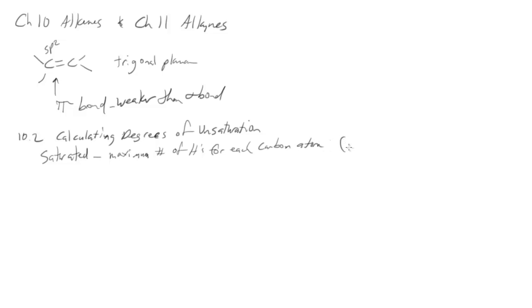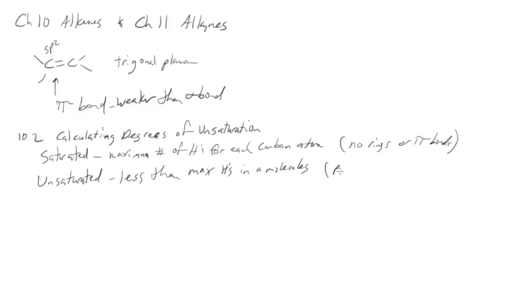In a way, it also means that there's no rings or pi bonds. So then unsaturated just means less than the maximum number of hydrogens in a molecule, which means that there will be a presence of ring or pi bonds.